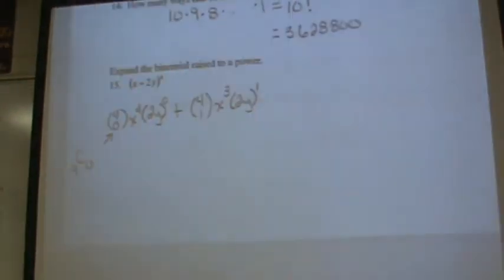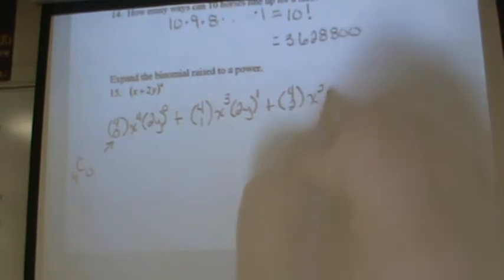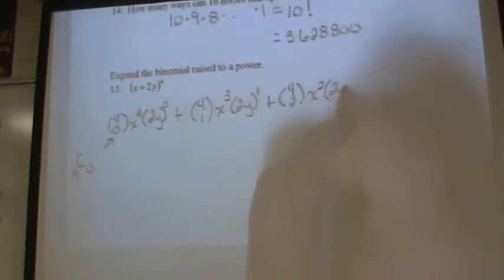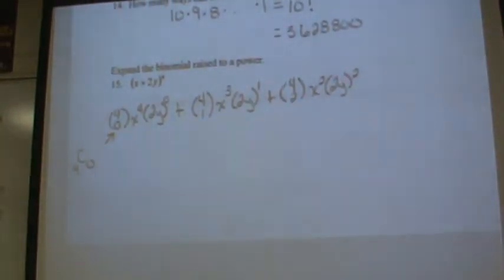So our next combination is 4 and 1. X is to the 3rd now. 2y is to the 1. 4 and 2 is your next combination. X squared, 2y squared.